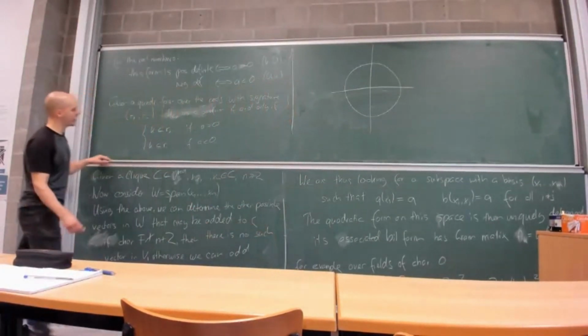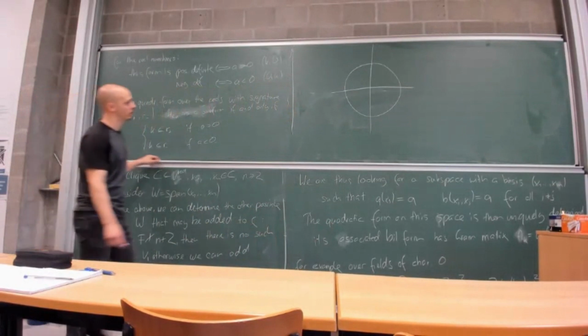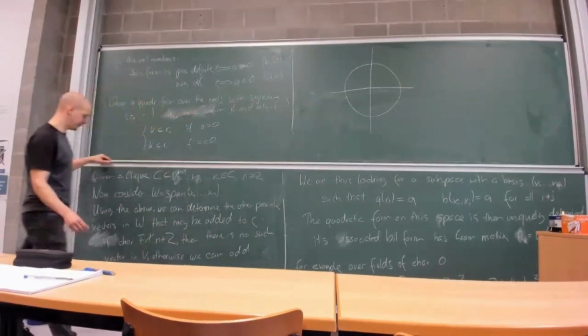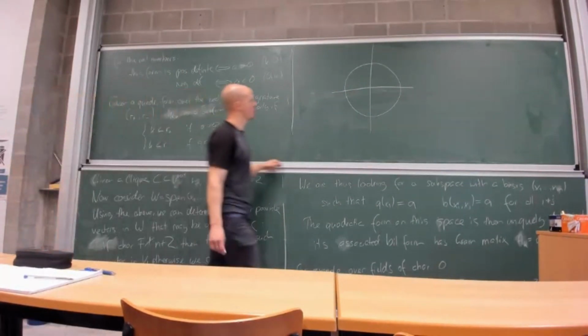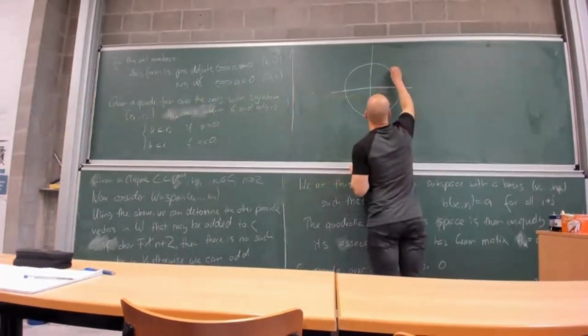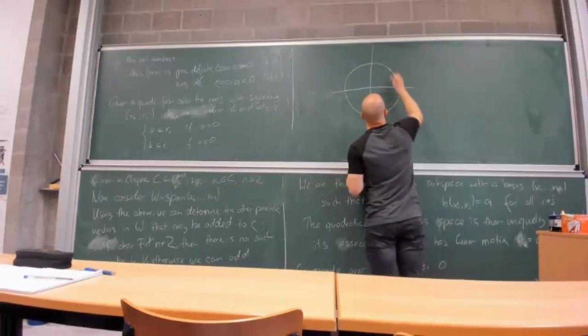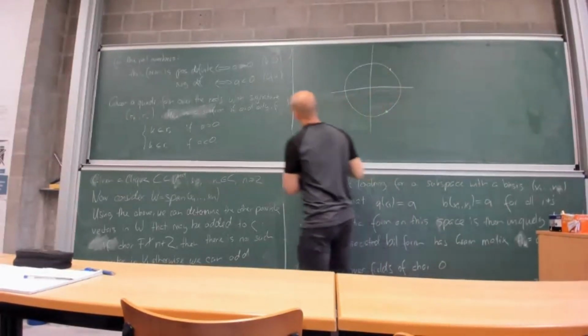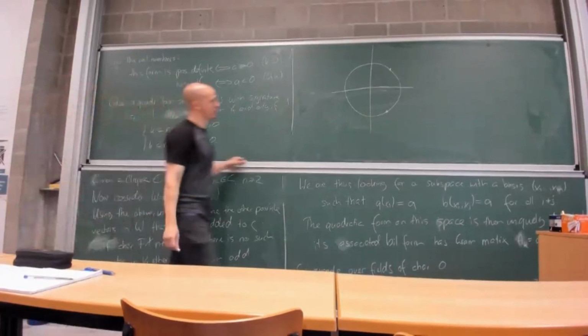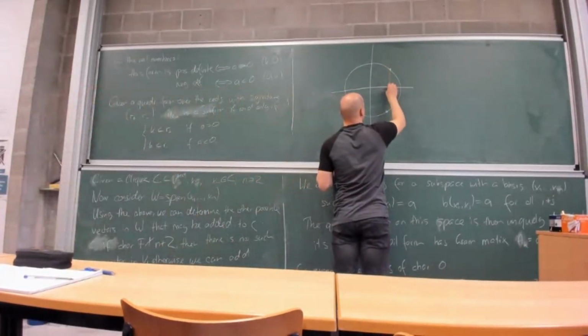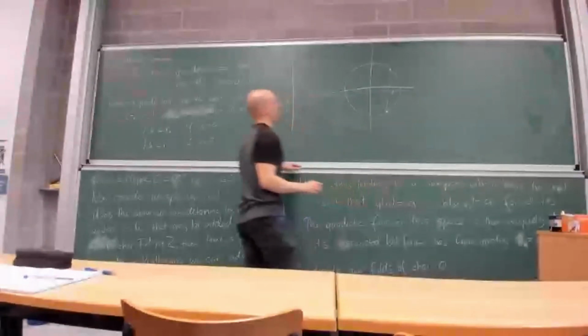So we can choose k equal to 2. We can thus find two vectors on the unit circle whose difference should be 1.